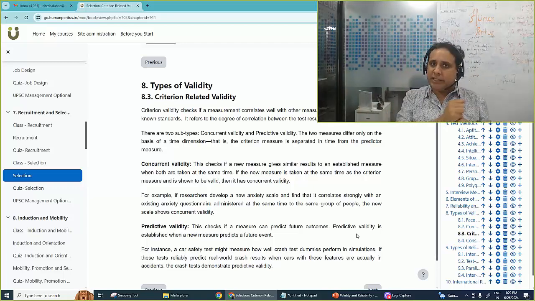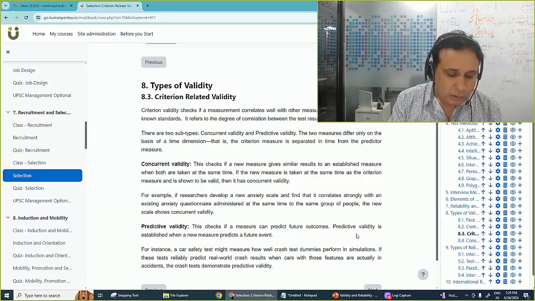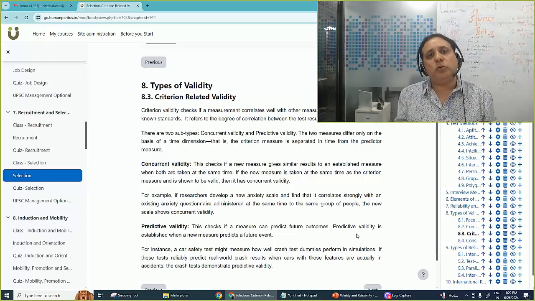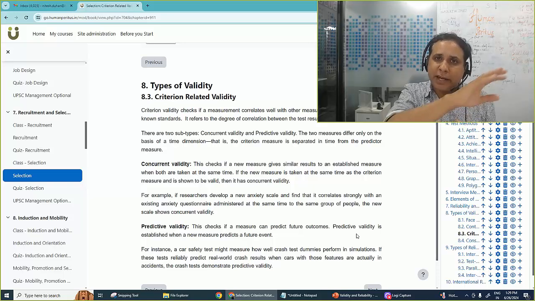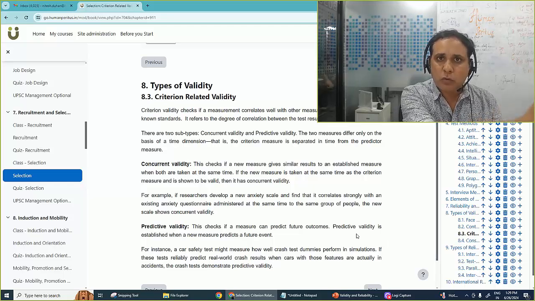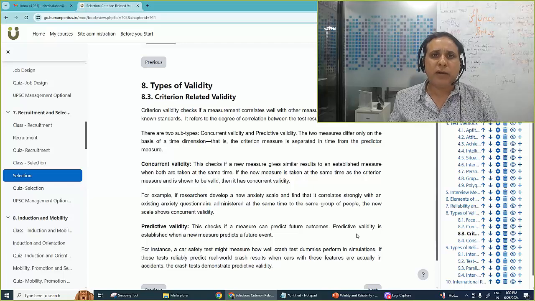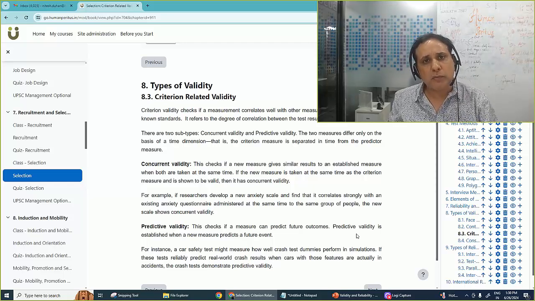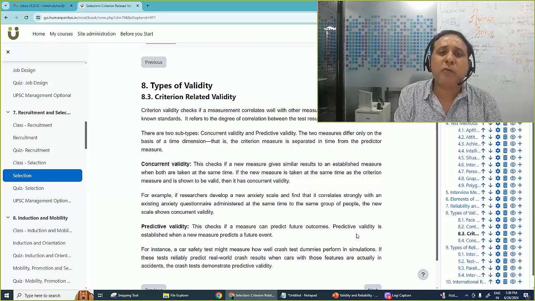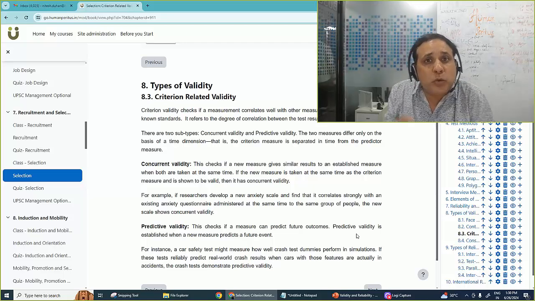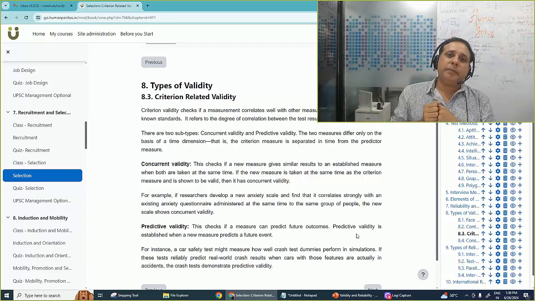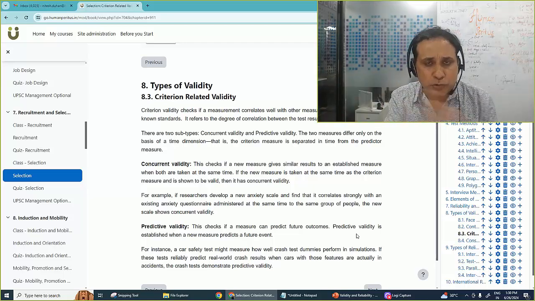Let's pick up another example to simplify it. For example, I am a coaching institute and I am teaching for IIT JEE. So I create a mock test, and this mock test is given to the students. I find out the scores for each of the students. Then I take out an actual last year paper of IIT JEE and give that also to the students.